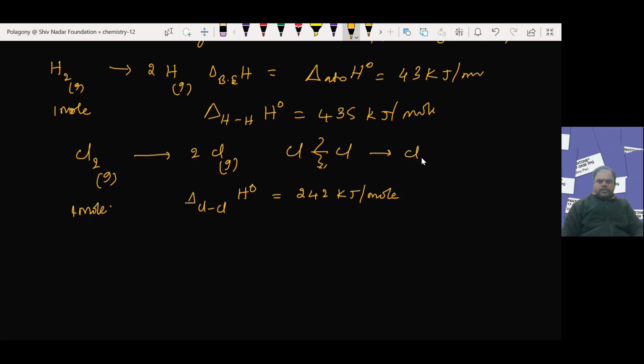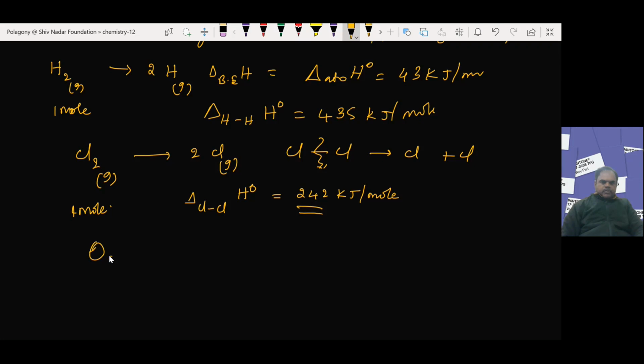So to get free chlorine atoms, the energy required is 242 kilojoules per mole, which is said to be the bond dissociation enthalpy of chlorine.